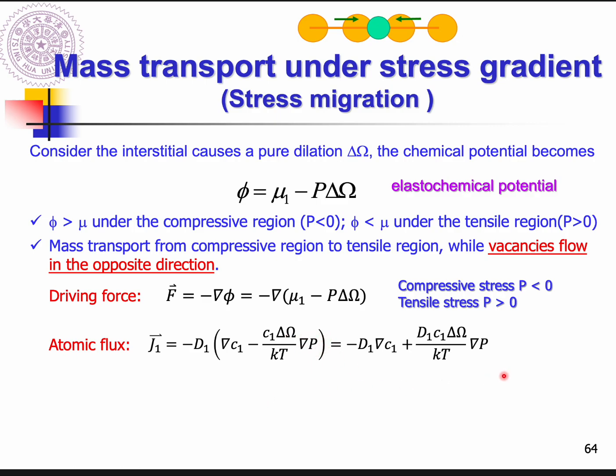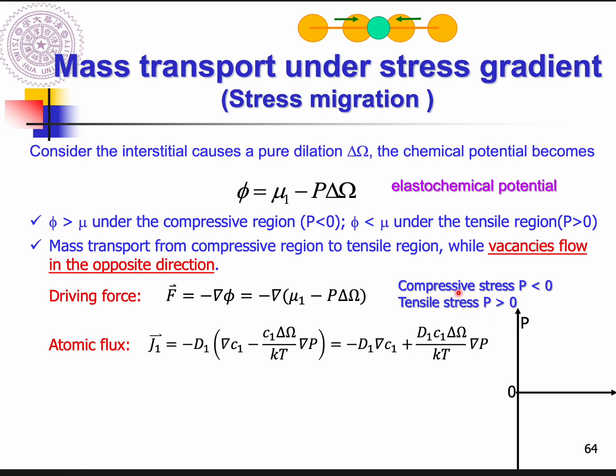So it is expressed like this. Now we want to give you a better picture of how atoms move along the stress gradient. We have a location axis directed to the right-hand side, and the vertical axis means the stress.